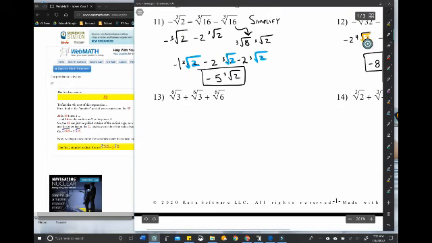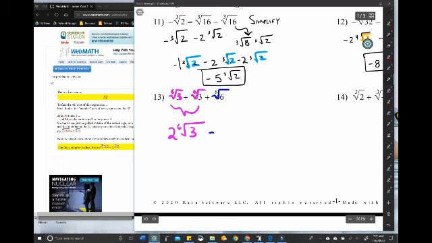Alrighty. Last two examples here. 6th root of 3, 6th root of 3, 6th root of 6. So they have to have the same index and the same number inside, which these two have. They don't simplify, so I just have 2 6th roots of 3. The 6th root of 6 still does not simplify. I know someone's probably like, that's 1.